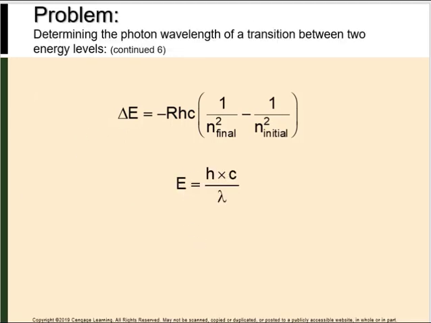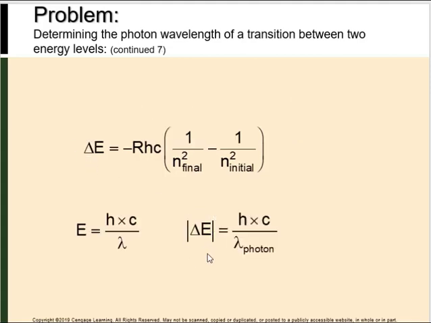It's also important to note that the value of delta E, which is in joules per atom, can be related to the wavelength or frequency of radiation using Planck's constant. We talked about using Planck's constant earlier, so we can use that energy to find the wavelength of the light that's being emitted. To do that, we take the absolute value.